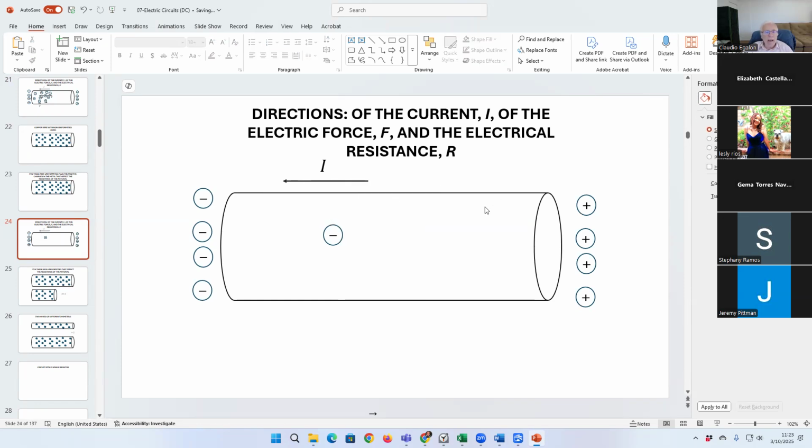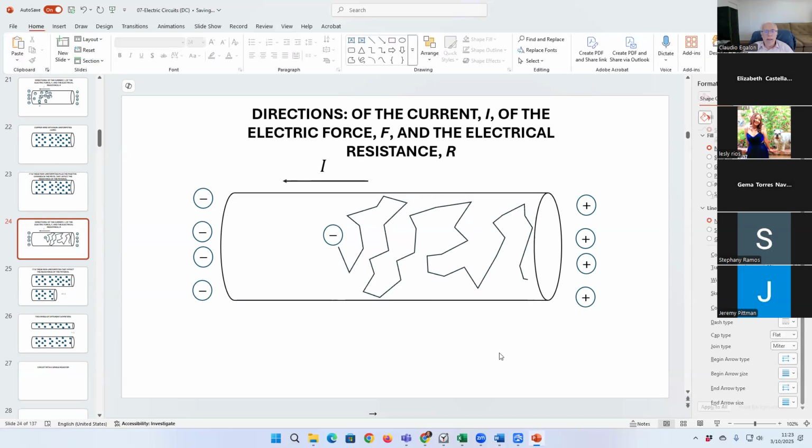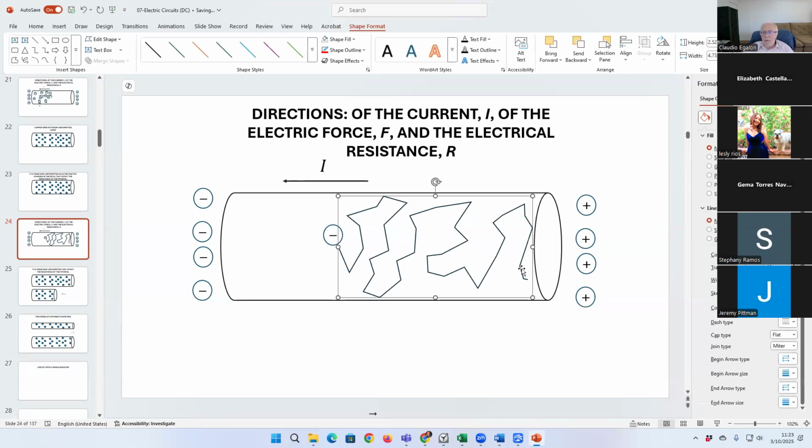The current is to the left. But in reality, their motion is going to be a type of zigzag path, which overall is going to be to the right, colliding with other electrons, colliding with other atoms, and so on. That's how an electron moves.